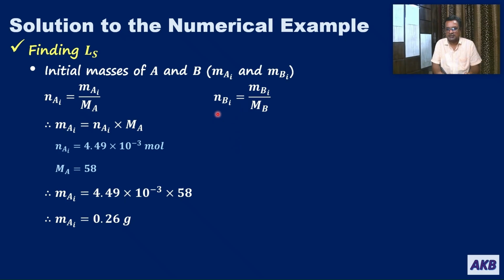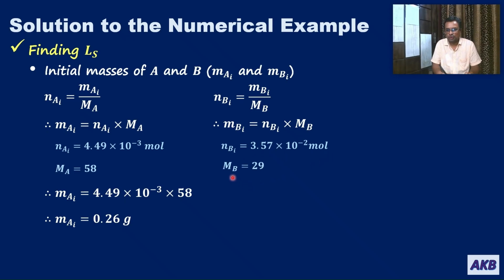Now let us get the initial mass of B. For that, the number of moles of B, that is NBI, is equal to MBI divided by capital MB. That is, MBI is equal to NBI into MB. NBI we have got just now, it is 3.57 into 10 to the power minus 2 mole.